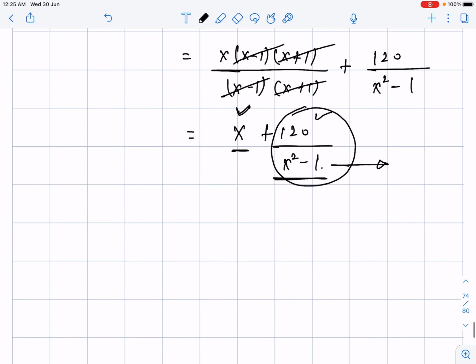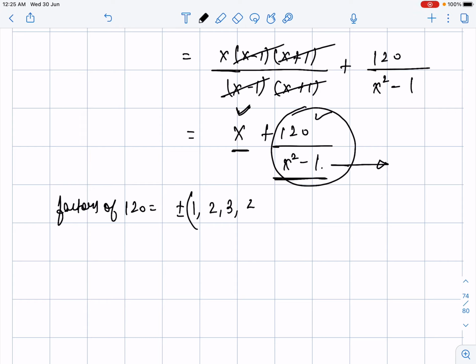So I'll be going to write all the factors of 120. Factors of 120 we know are plus or minus 1, then similarly plus or minus 2. Okay, so plus or minus I am writing outside for everything.